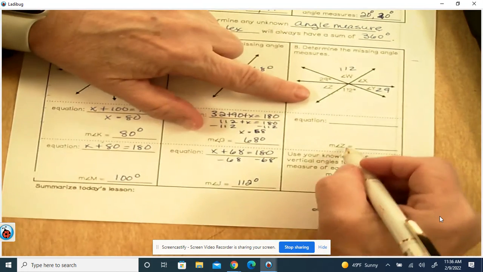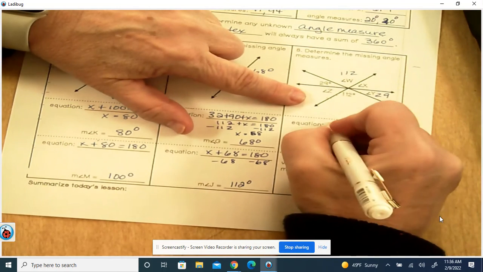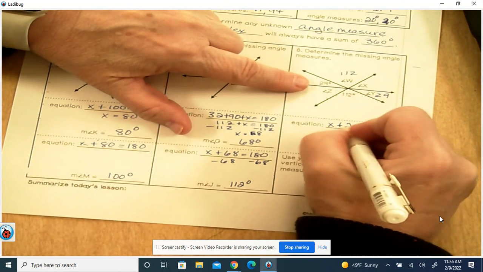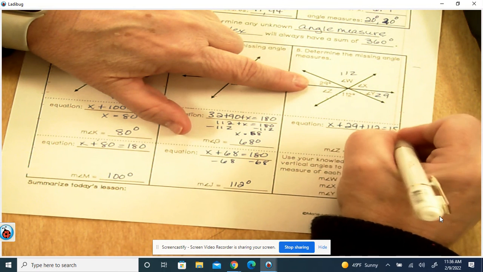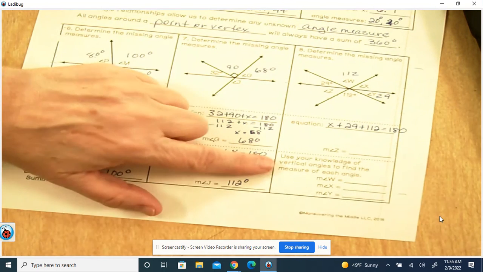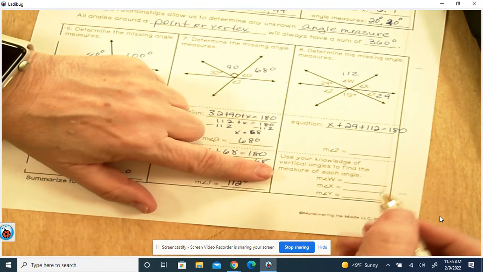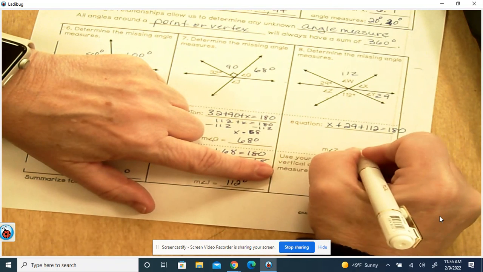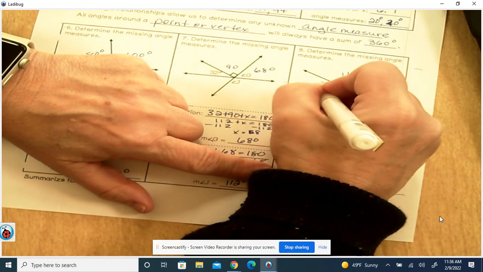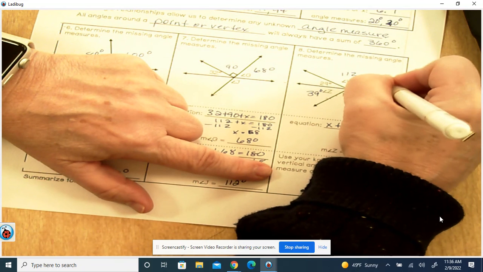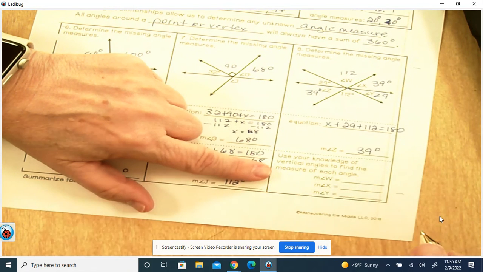So we're looking for the measure of z. So that's this side. So we've got x plus 29 plus 112 equals 180. If you do that in the calculator, you're going to get 39. So the measure of z is 39. That makes the measure of x 39.